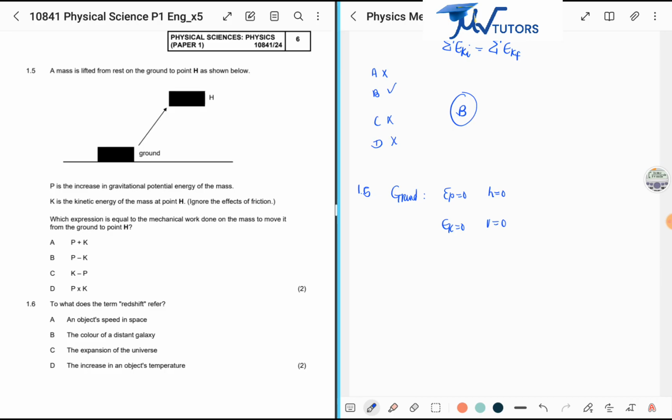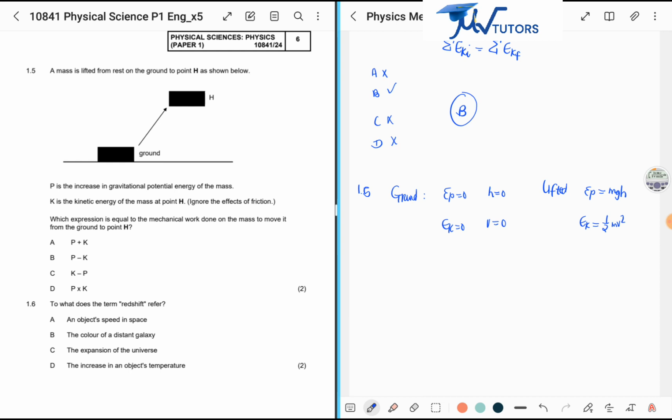And then once it is lifted up, in the lifted scenario, your potential energy will be your mass times gravitational acceleration times the height. Your kinetic energy will be half mv squared, because there is some movement, right? So there is a velocity.